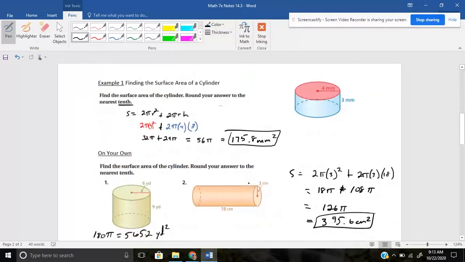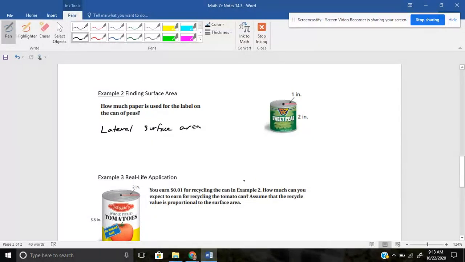That's the label. Okay, so our lateral surface area would be, we don't have to figure out the area of our two circles, so we're just going to use 2 times pi times radius times height. And we should be able to find the lateral surface area. Okay, so 2 times pi times my radius is 1, and my height is 2.